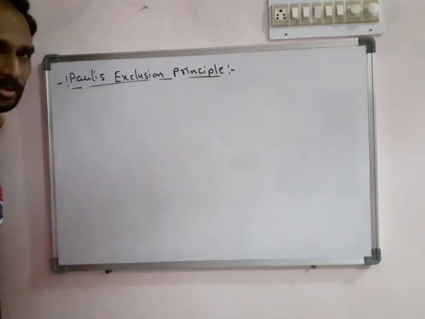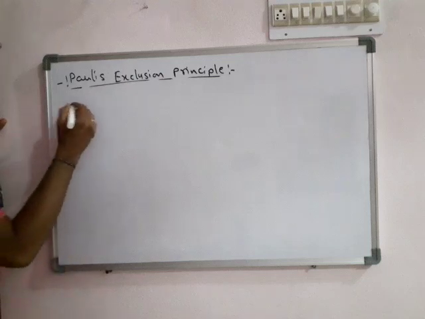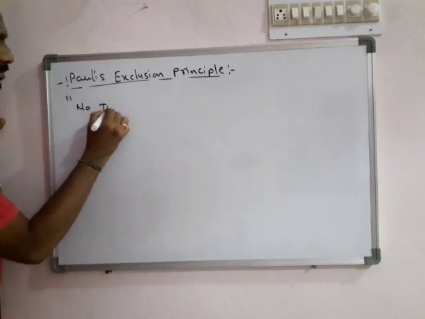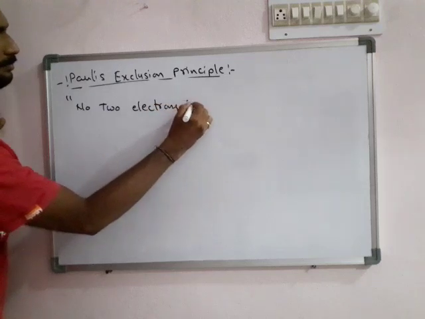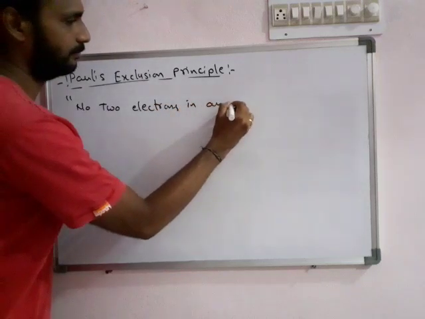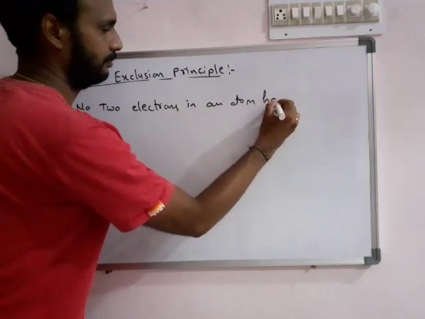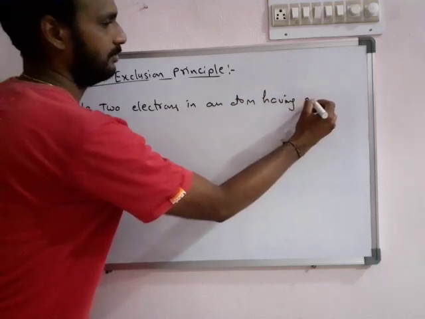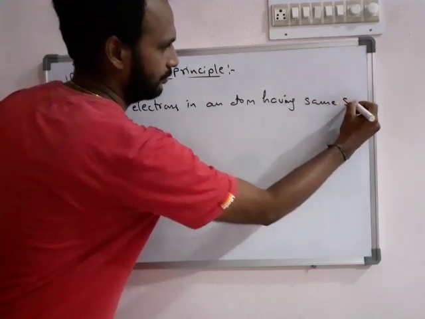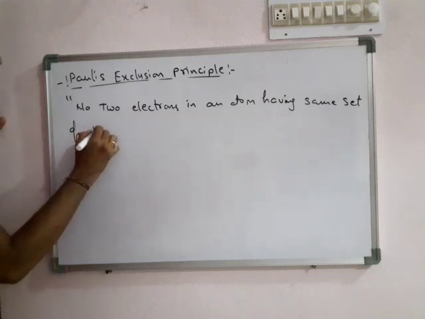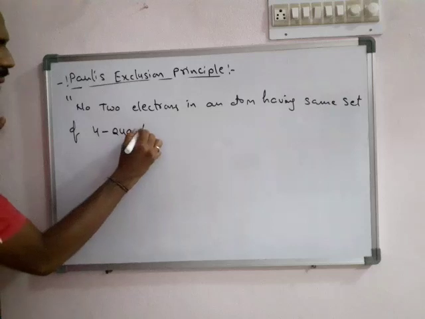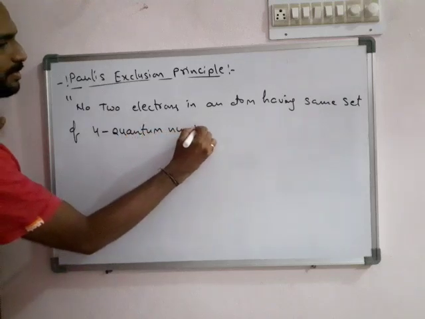It tells about the electrons present in an orbital. Okay. So according to this, no two electrons in an atom having same set of four quantum numbers.